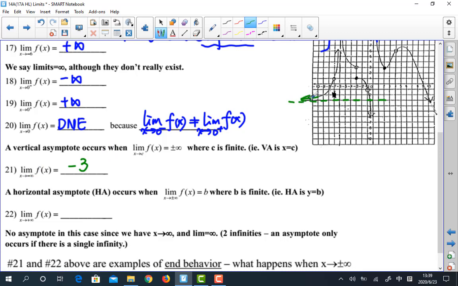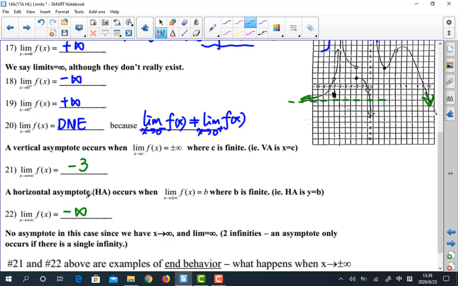This is the left-hand behavior. The graph also should have a right-hand behavior, which is here, when x approaches positive infinity. So when x approaches positive infinity, look at the y value. This arrow shows the graph keeps going down forever. So the y value is approaching negative infinity.